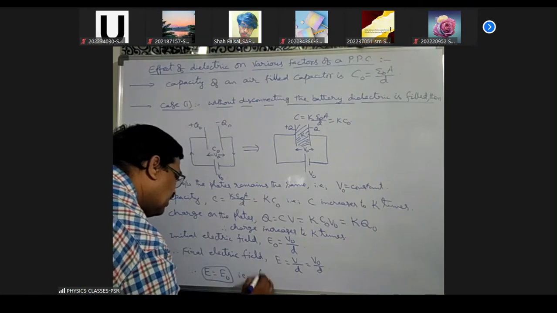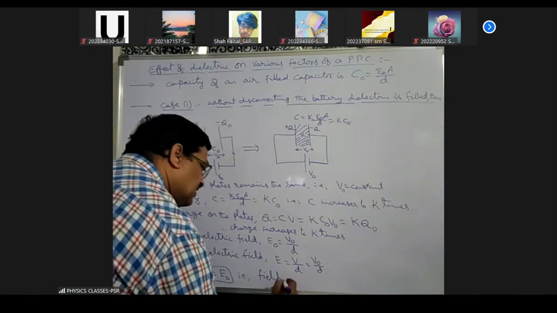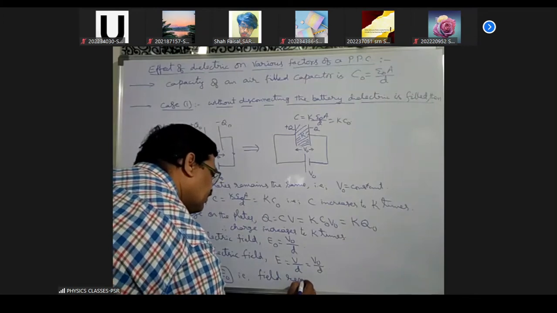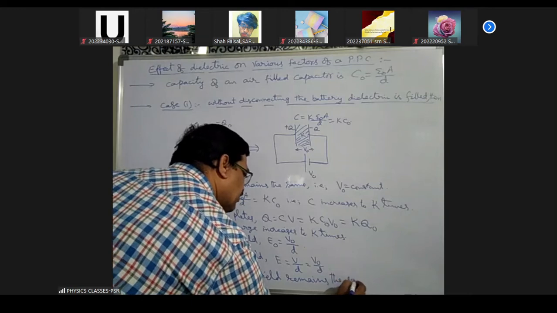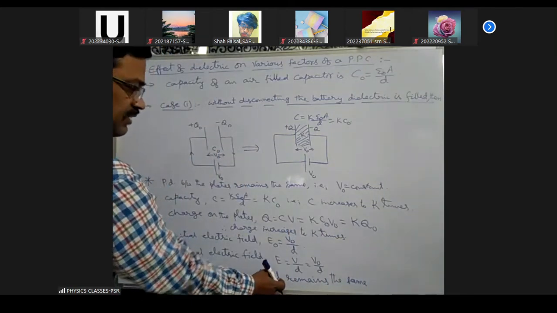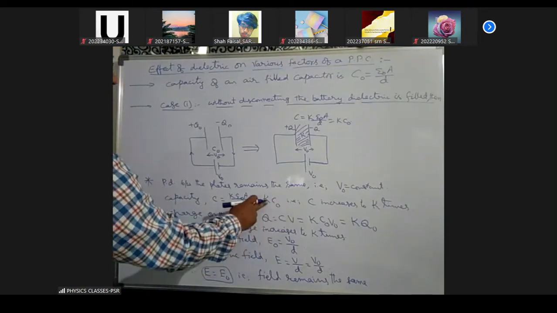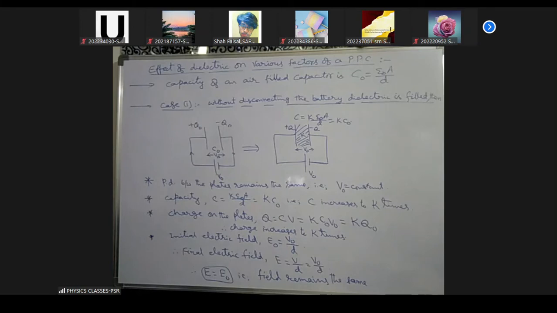That is, the field remains the same. So potential remains the same, field remains the same. But capacity increases to K times, and charge on the plates increases to K times.